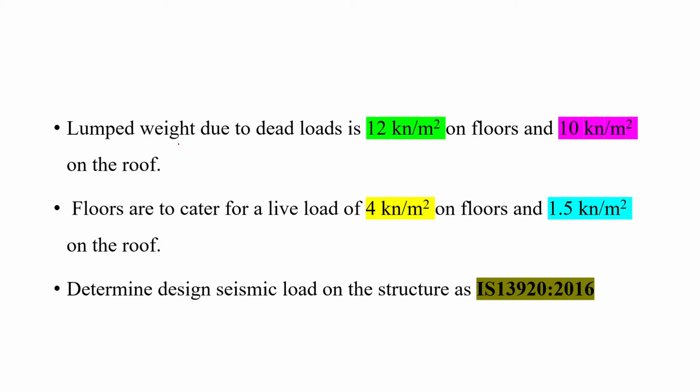Along with that, they have given the lumped weight due to dead load. That means dead load is 12 kilonewton per meter square on floors, meaning the typical floor, and 10 kilonewton per meter square on the roof.